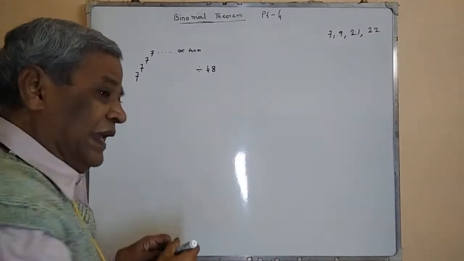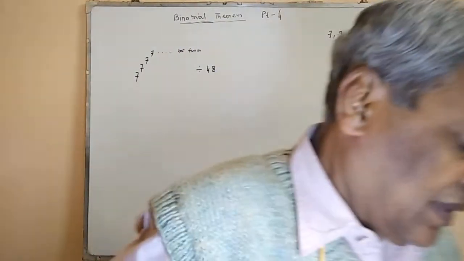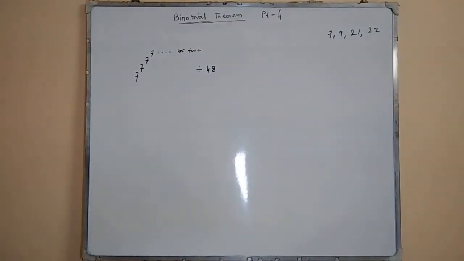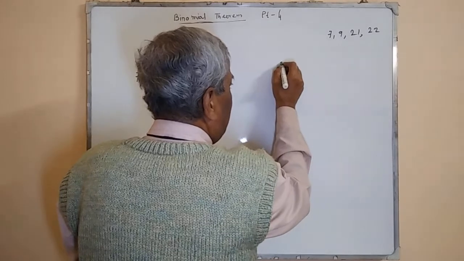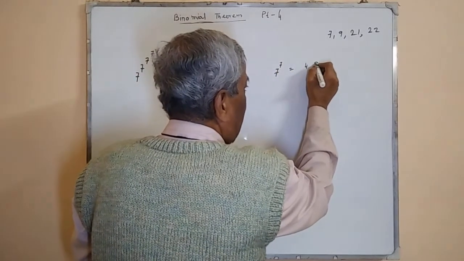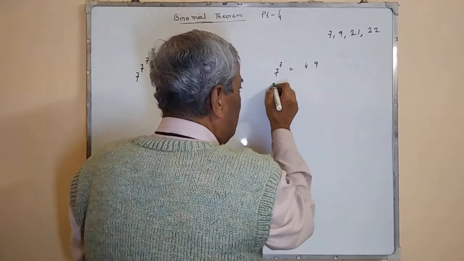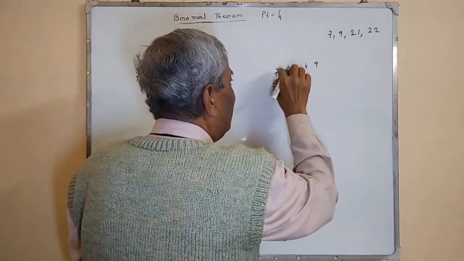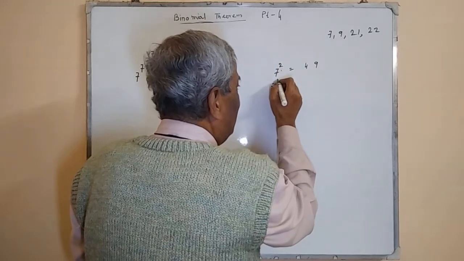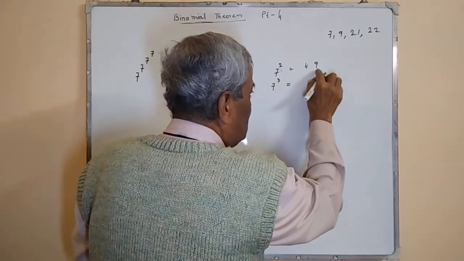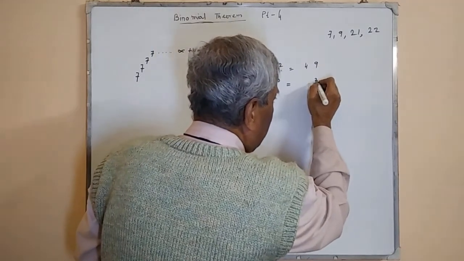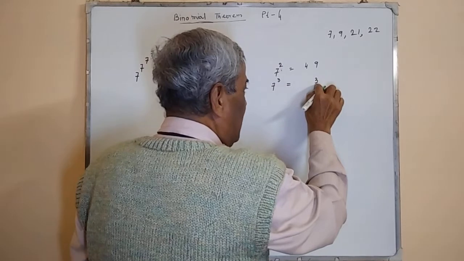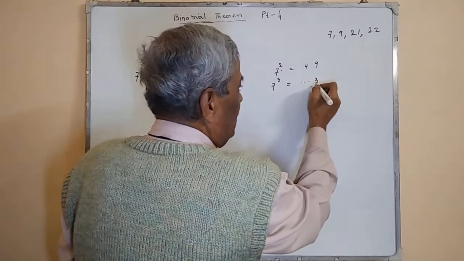We know that any power of 7 is always an odd number, because you see 7 to the power 1 is 7, 7 to the power 2 is 49, odd number. 7 to the power 3 is this multiplied by 7, in unit position it is 3, so it is odd.